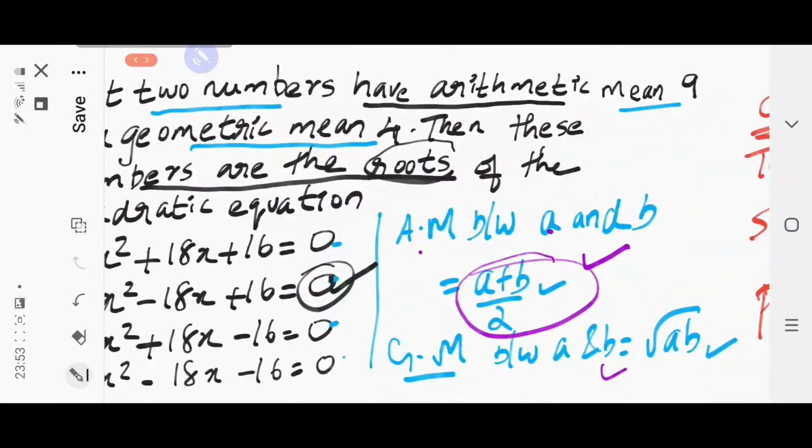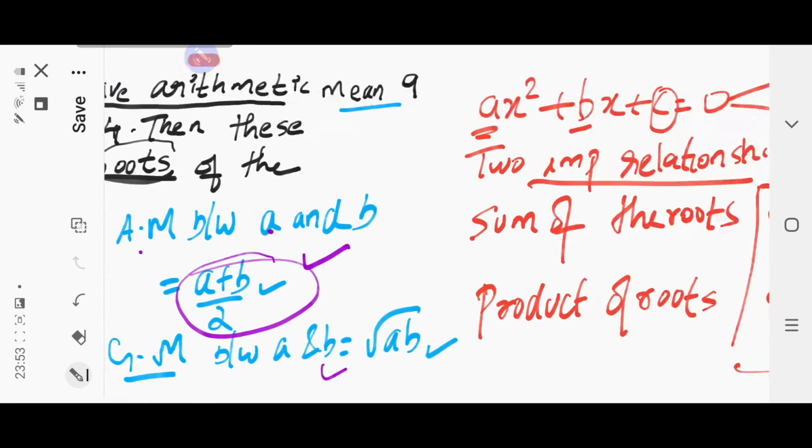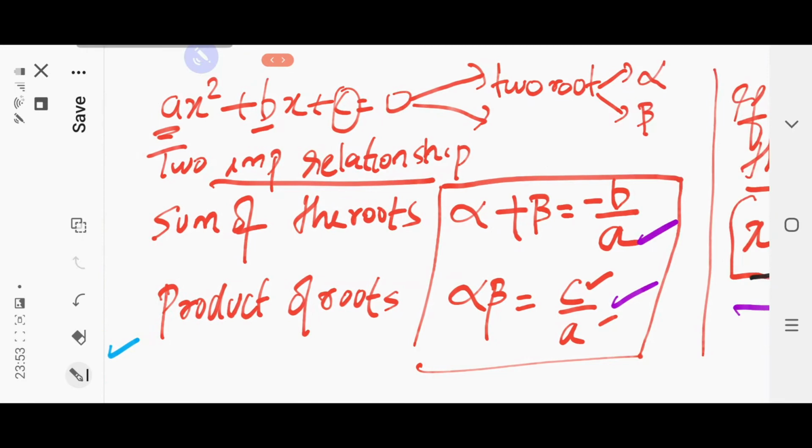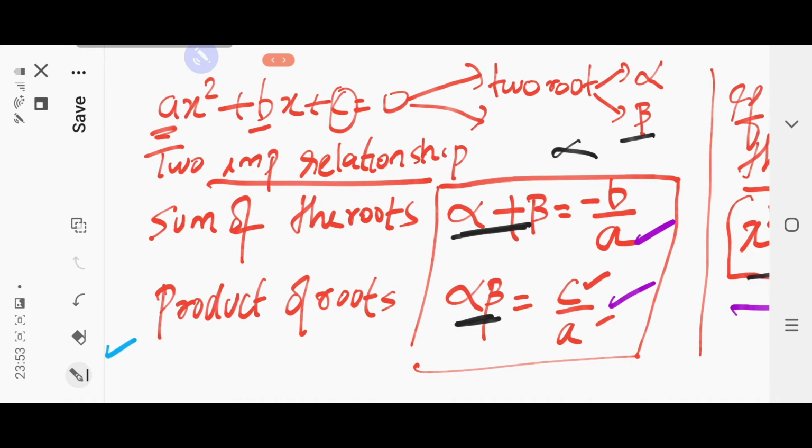Understood? These many things should be understood when you solve this question. First, you should understand what arithmetic mean and geometric mean are. Another important thing is, if alpha and beta are the roots, alpha plus beta can be found by minus b. This is not necessary in this question, but I am adding it as a general concept.